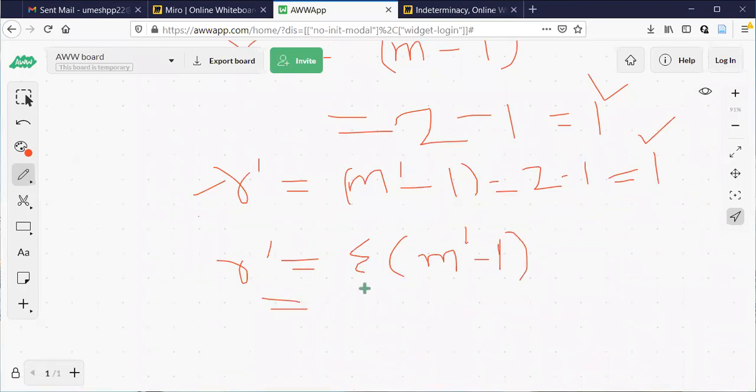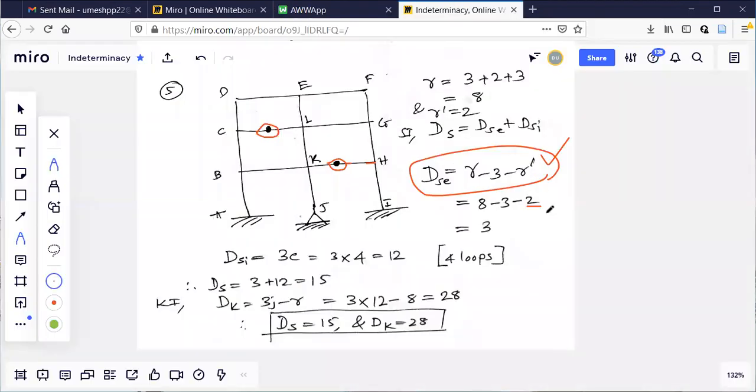Now observe here. For one hinge, two elements minus 1. For one more hinge, again two elements minus 1. This will be totally 2. This 2 is used, calculated here. So this is how R dash is calculated.